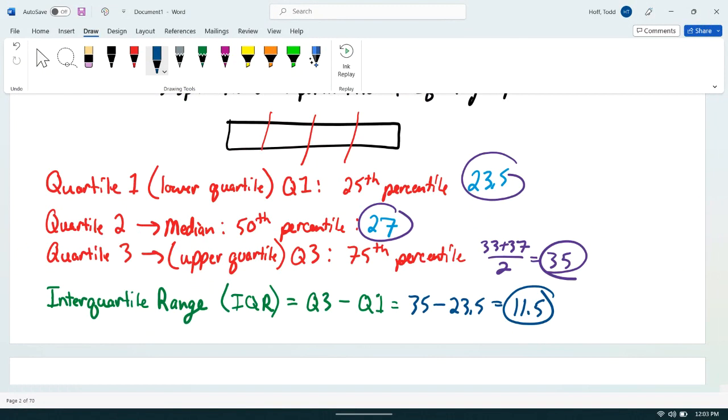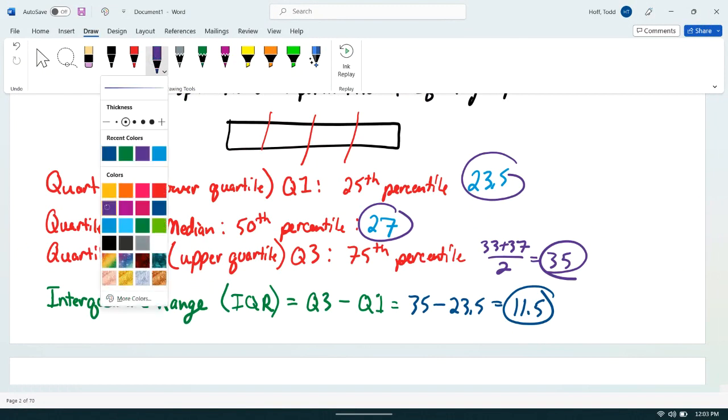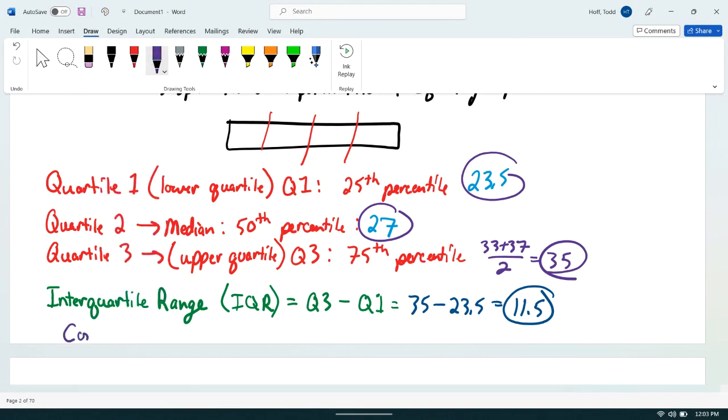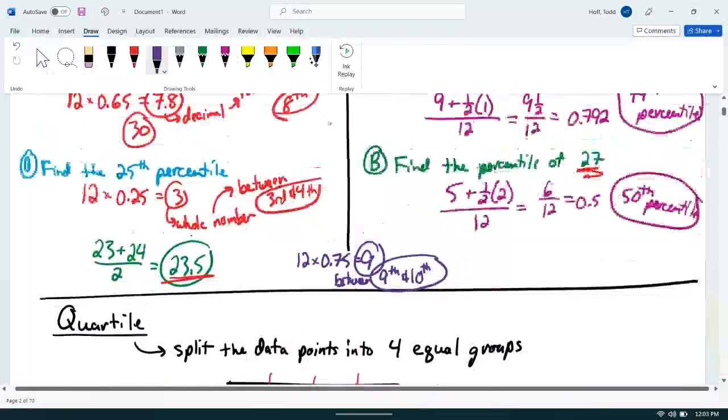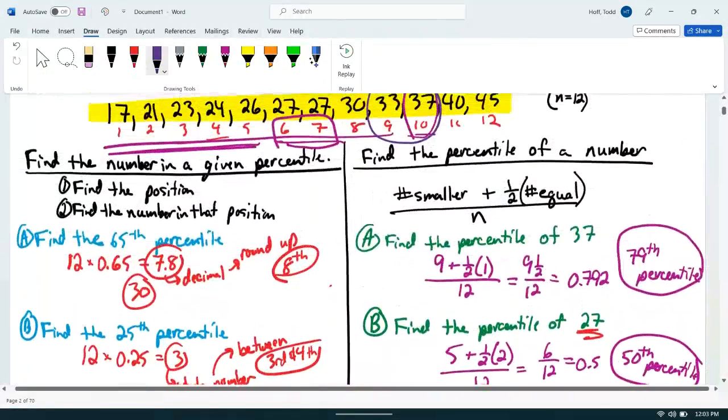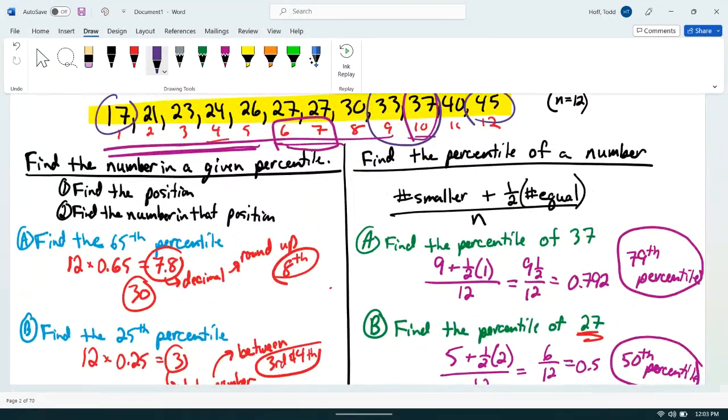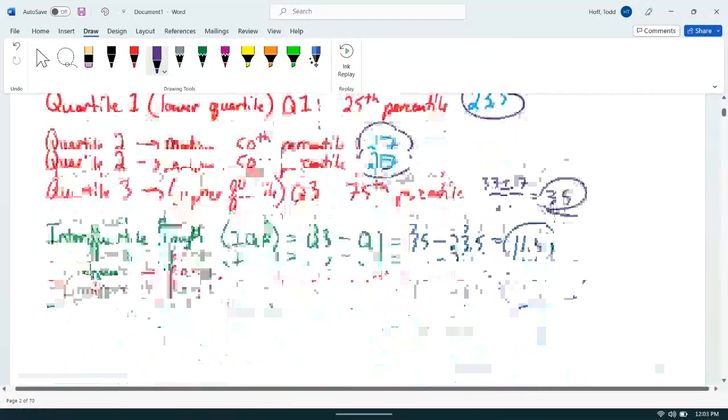Well, why is that important? Well, because we can compare it to the full range. So the full range of this data, it goes from, where was it here? 17 to 45. So 45 minus 17 would give us the range.